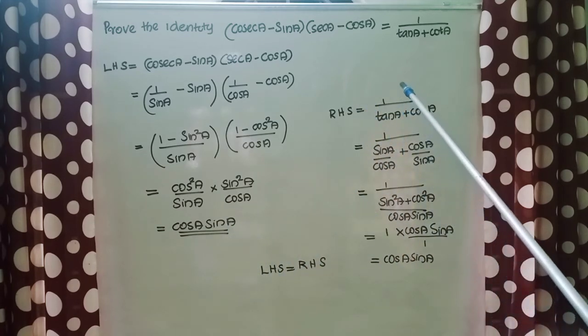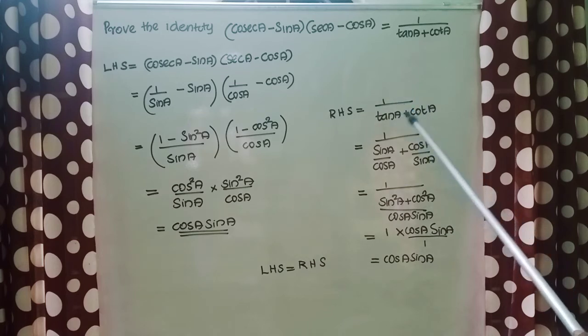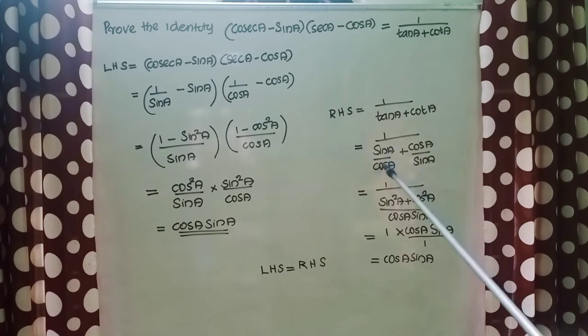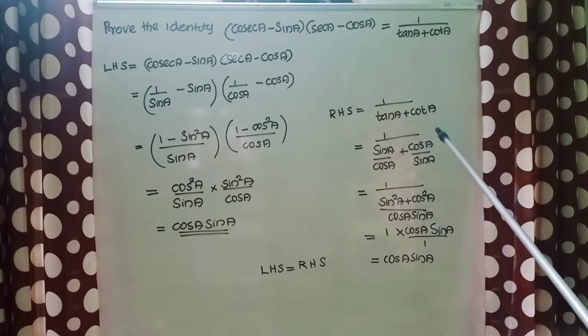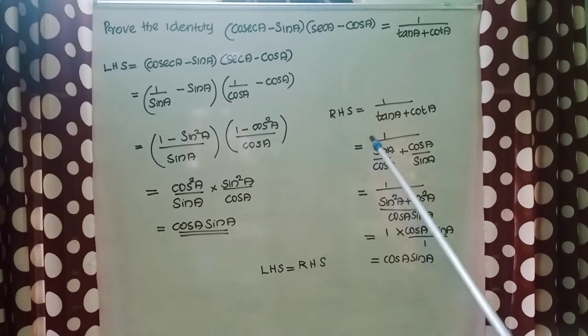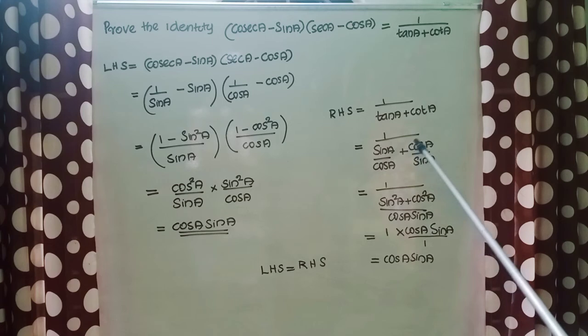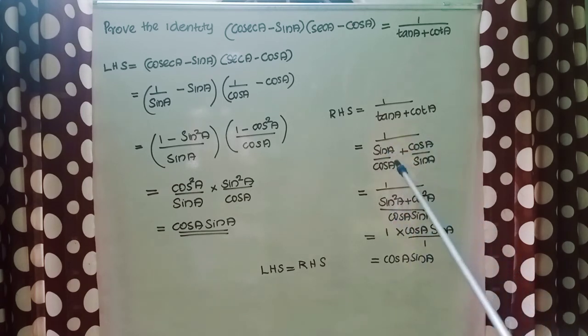The RHS is 1 by (tan A + cot A). This tan A we can write as sin A by cos A. Cot A we can write as cos A by sin A. So we get that is equal to 1 by (sin A by cos A + cos A by sin A). Let us cross multiply the denominator.